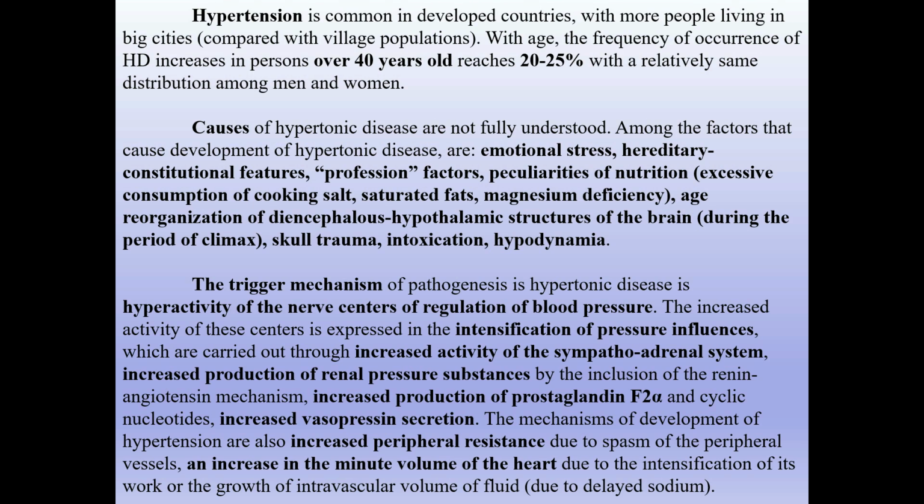The mechanisms of development of hypertension also include increased peripheral resistance due to spasm of the peripheral vessels, an increase in the minute volume of the heart due to the intensification of its work, or the growth of intravascular fluid volume due to delayed sodium.